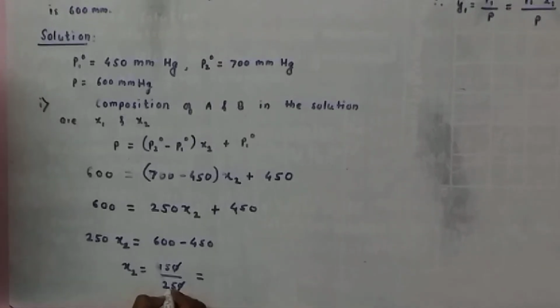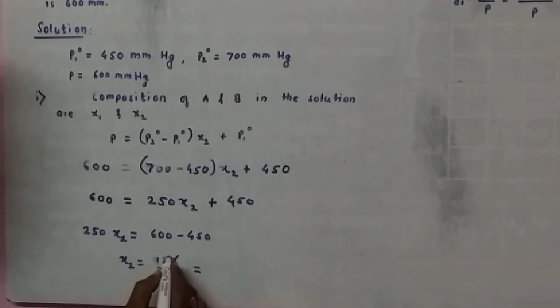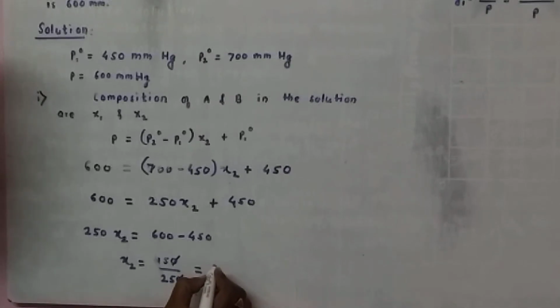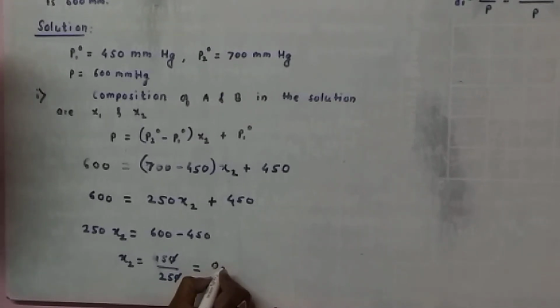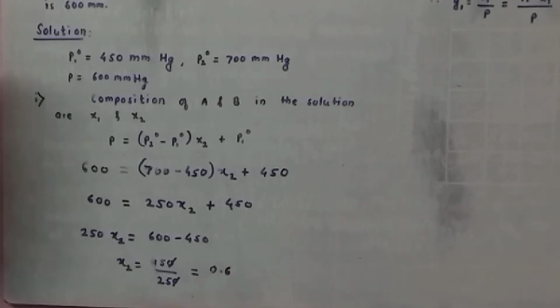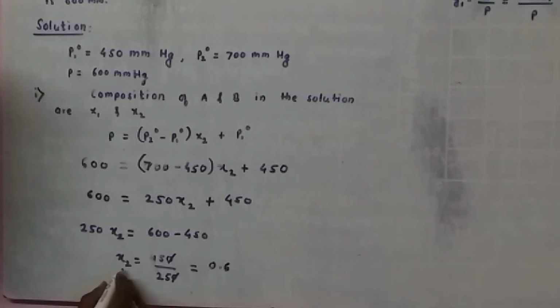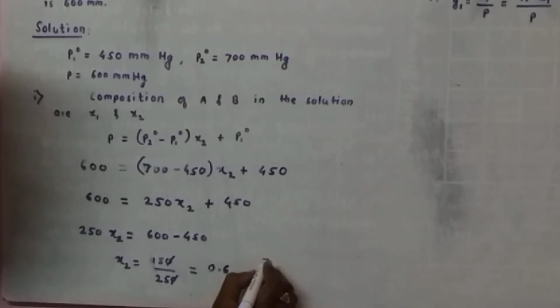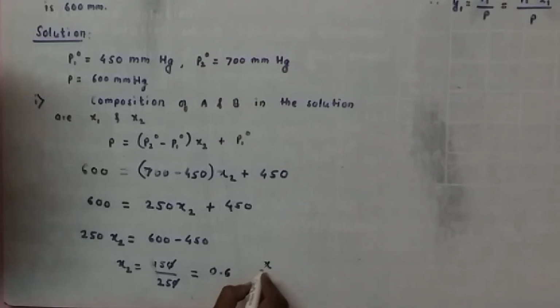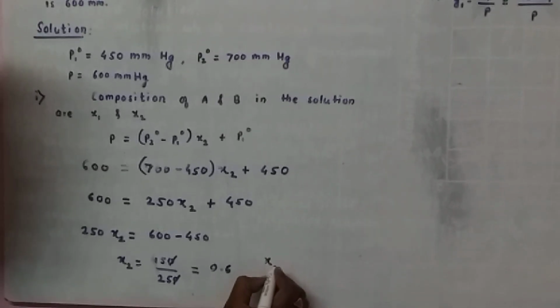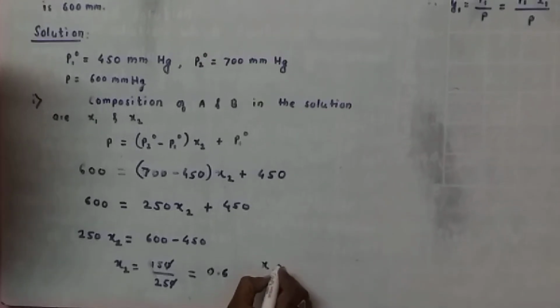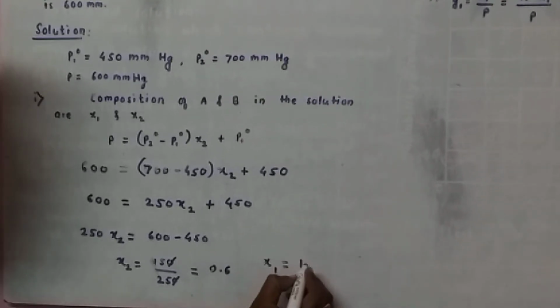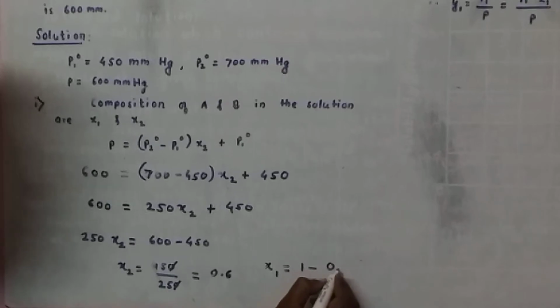Twenty-five times 4 is 100 and 15 times 4 is 60, so it will become 0.6. x2 equal to 0.6. Now what will be x1? We know that x1 plus x2 is equal to 1, so x1 equal to 1 minus 0.6.